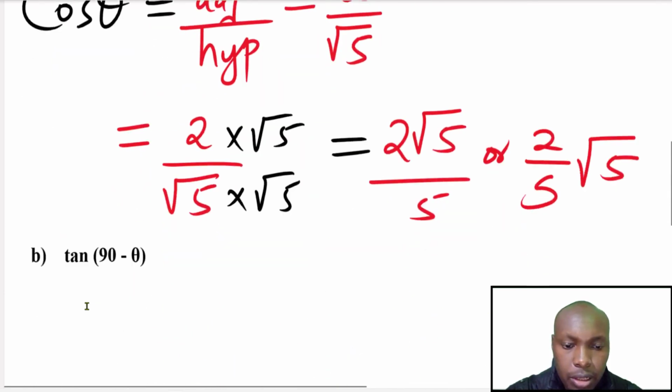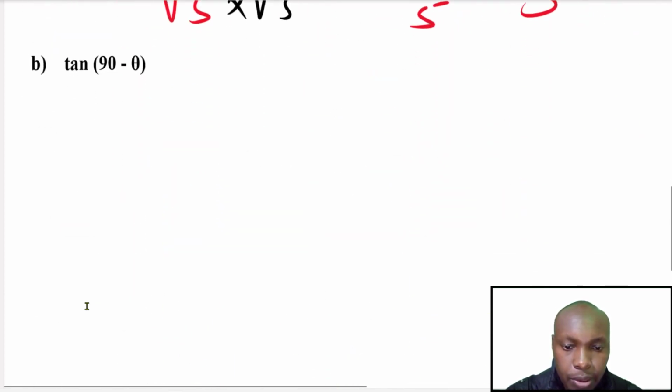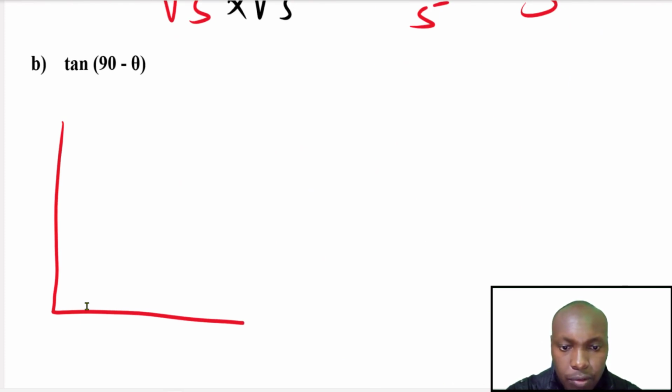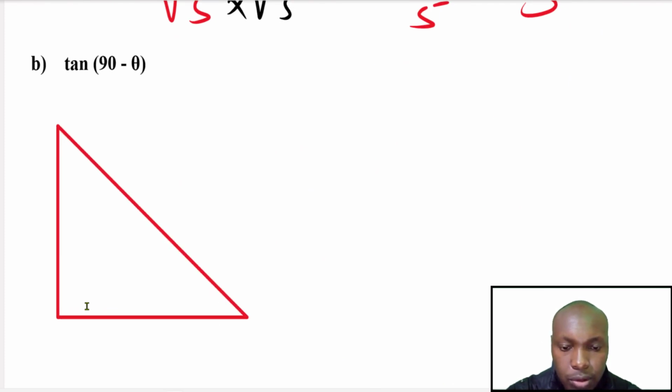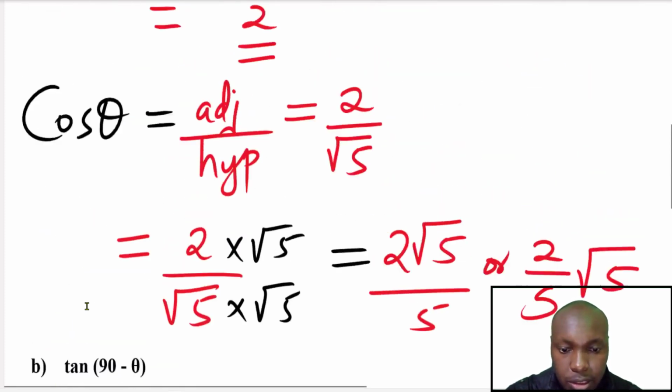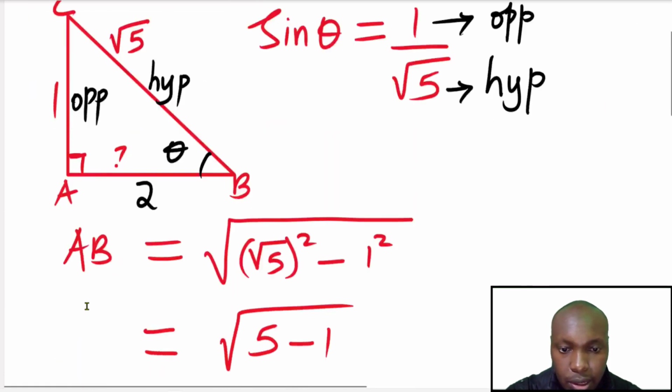Now, having done that, let's go to the second part of the question, which is tan of 90 minus theta. To do that, let me draw another right angle triangle, the same triangle I'm duplicating. The hypotenuse was root 5, the adjacent side was 2, and the height is 1.